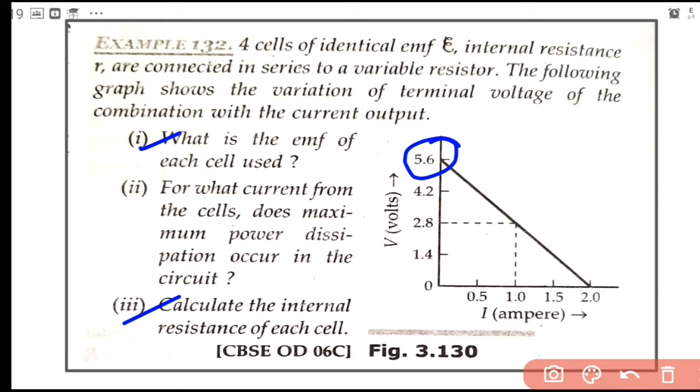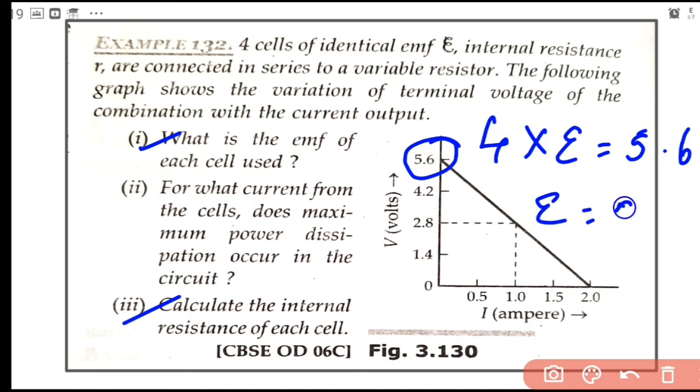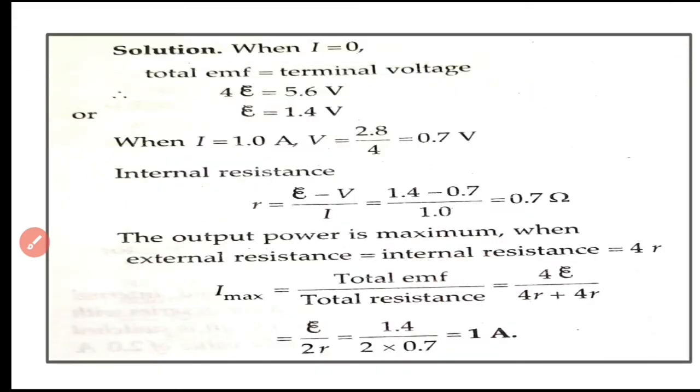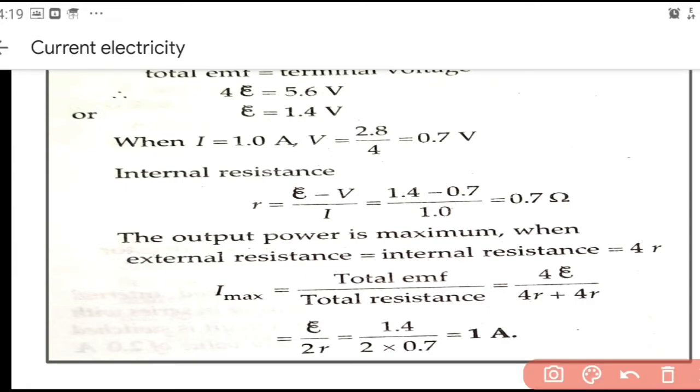It is given identical cells, so we can write 4 epsilon will be equal to 5.6. So epsilon will be equal to 5.6 by 4, which is 1.4 volt.